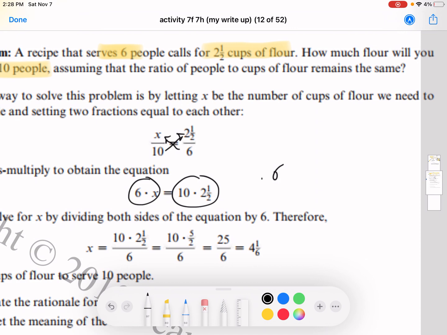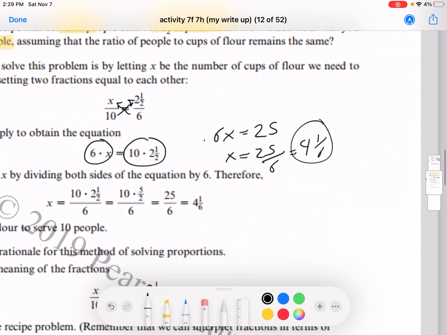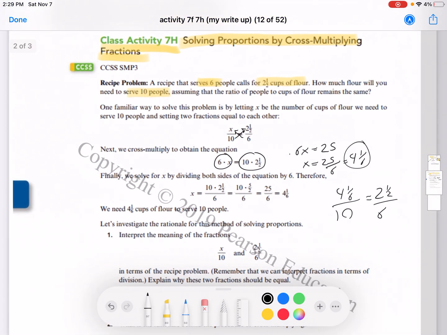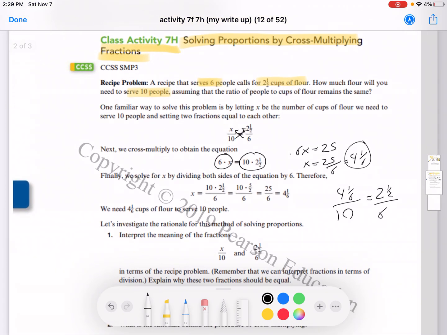And so this would say 6x equals now 10 times 2 1/2, or 2 1/2 times 10, which is 25, which says x equals 25 divided by 6, or 25/6, which is 4 1/6 cups of flour is what you would need for 10 people. And then we could say 4 1/6 cups of flour for 10 people should be the same thing as 2 1/2 cups for 6 people. And we could go through it and verify that. But it's an algebraic method for solving the same thing.